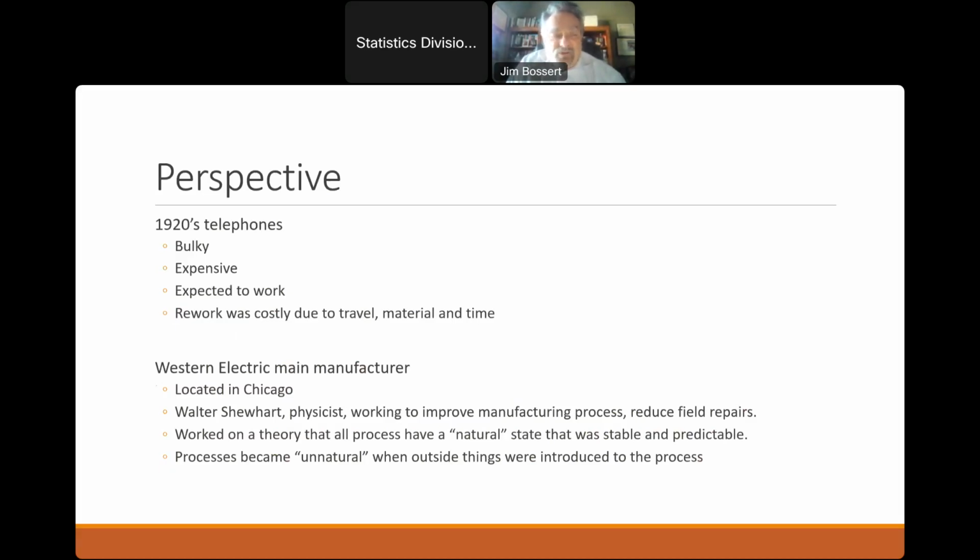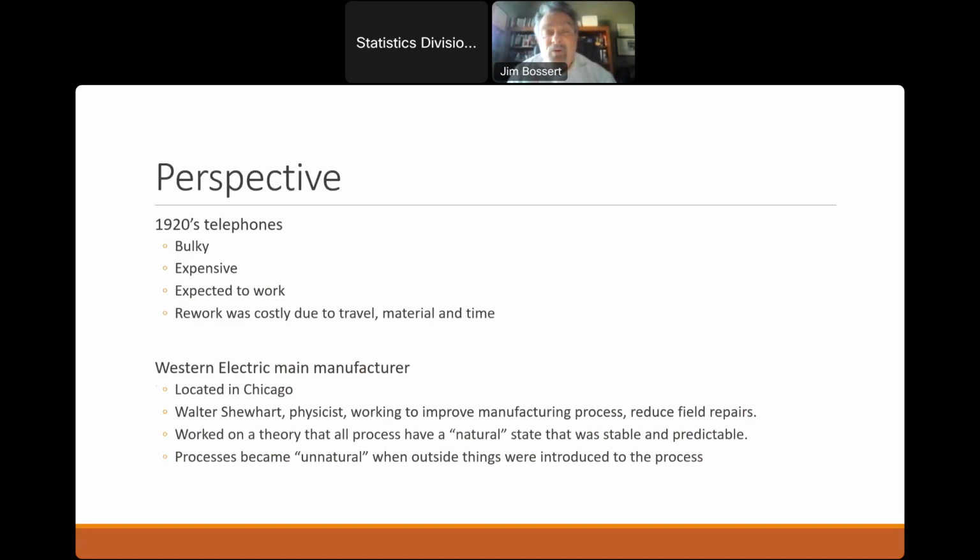1920s is when Walter Shewhart started to think about how he could better control his processes, because telephones back then were very bulky and expensive. People expected them to work almost like we expect things to work today, even more so then.